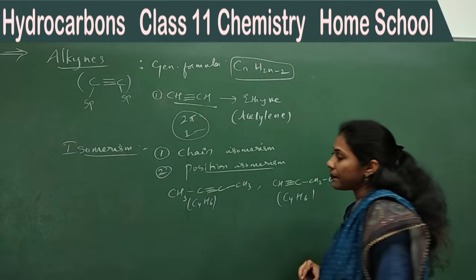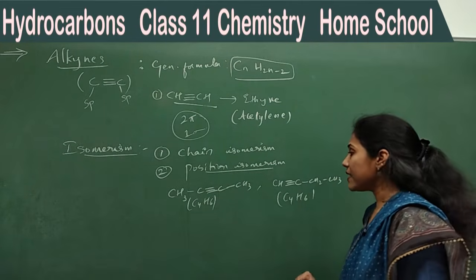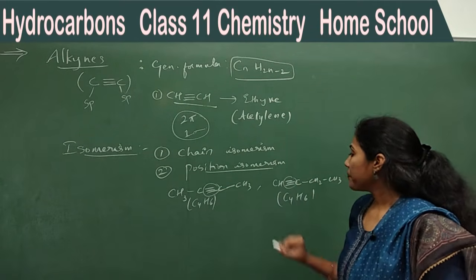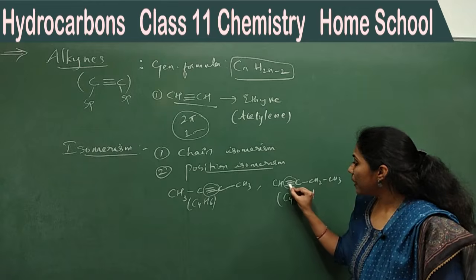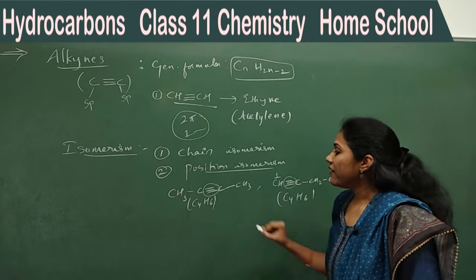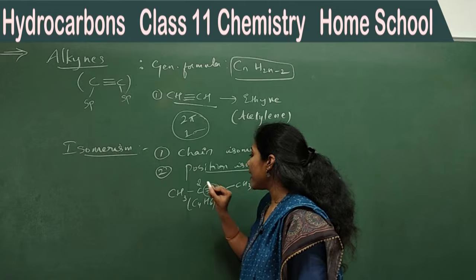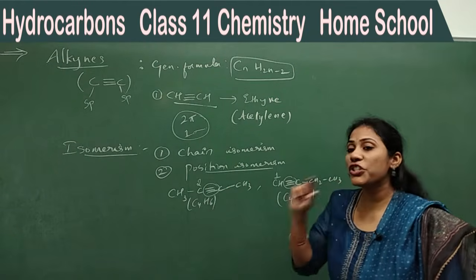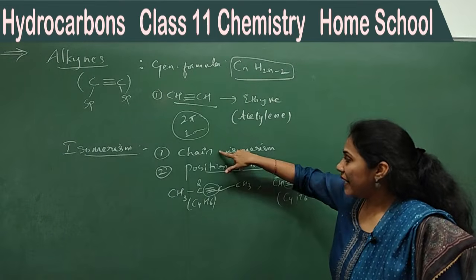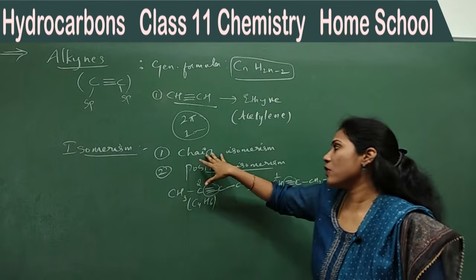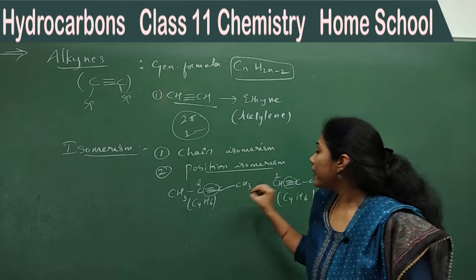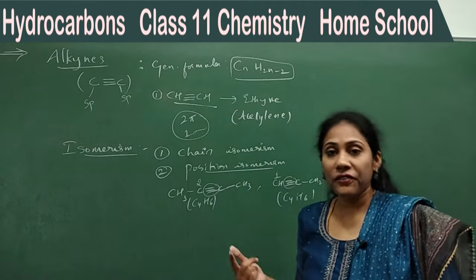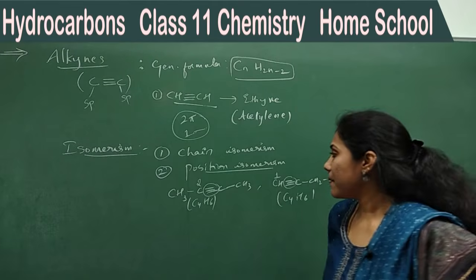Molecular formula is same, but where do you find the difference? Difference you will find in the position of triple bond. In this compound, the triple bond is at carbon 1, whereas here the triple bond is at carbon 2, isn't it? So they both become positional isomers. If the chain length is different, it is called as chain isomers. But if the position of the triple bond is different, then it is called as positional isomerism.